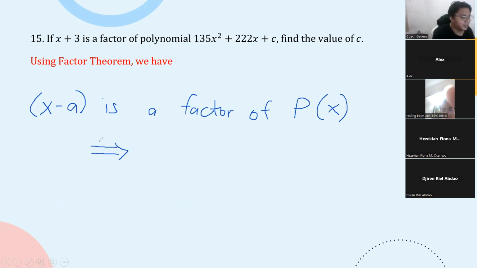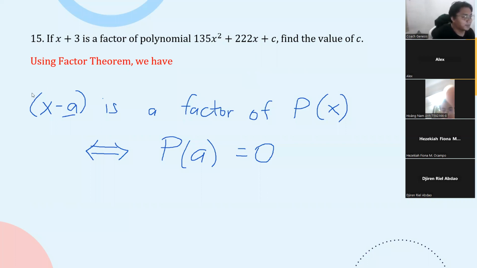So that means it goes both ways, right? If and only if p of a is equal to 0. So that means if you substitute a to the polynomial, and if it will give you a value of 0, then that is a factor of the polynomial.